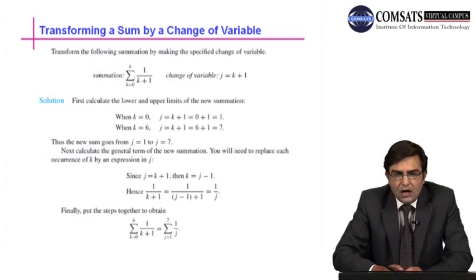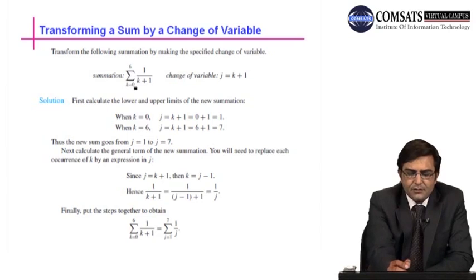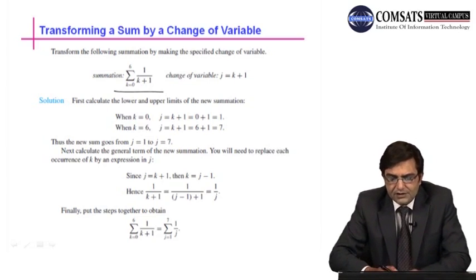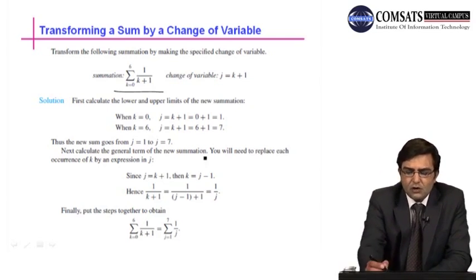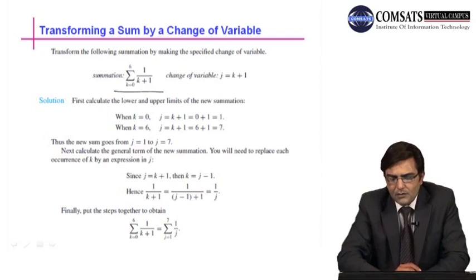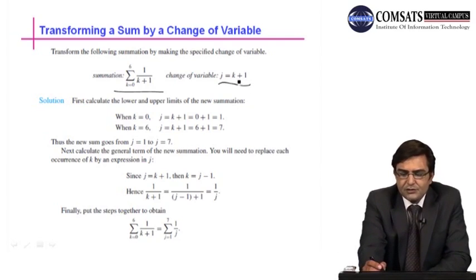Now, how to transform a sum by change of variable? If we are given a sum, for example summation k from 0 to 6 of 1 over k plus 1, we can change the variable and alter the entire summation. For example, if we want to change the variable k into j, we use this substitution: we put k plus 1 equal to j.